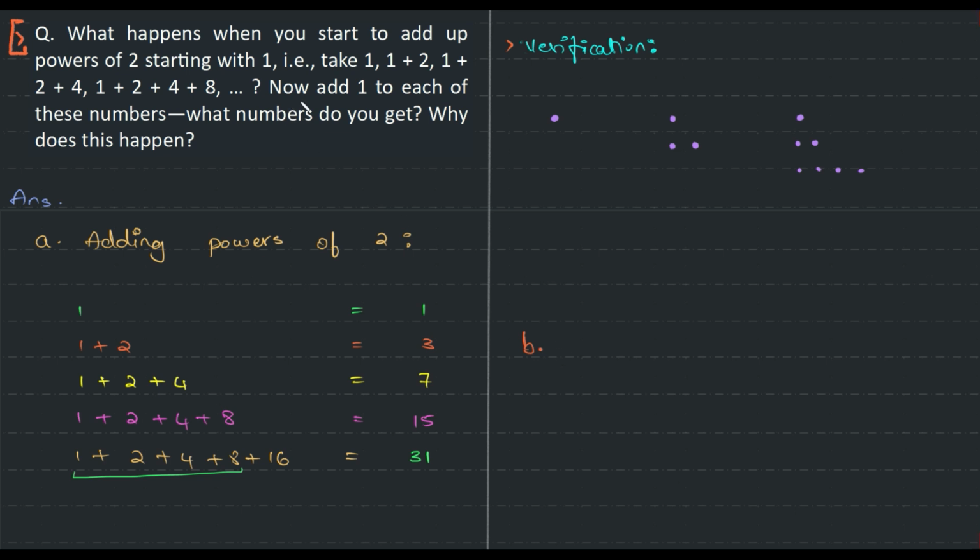So they're given, now add 1 to each of the numbers. Okay, so adding 1 to all the numbers from the previous sequence. So I'm presenting what I'm doing. I've not written what the sequence is.